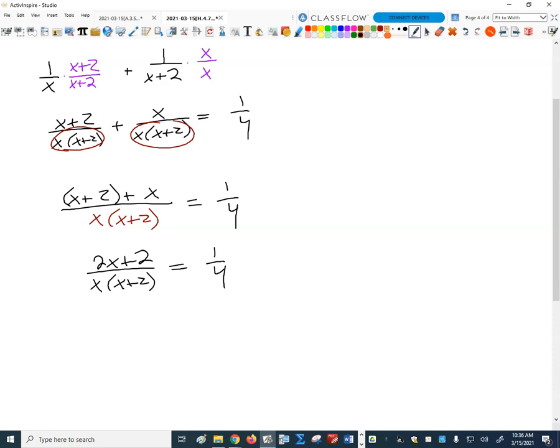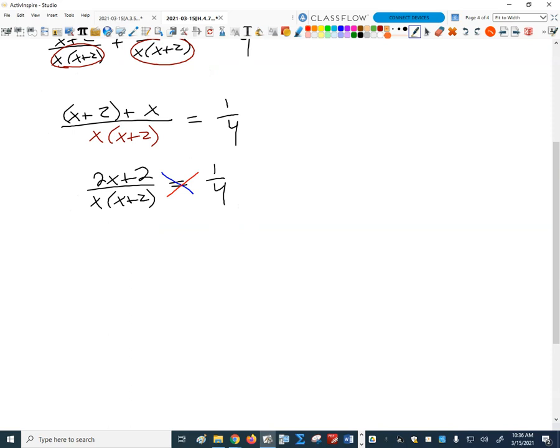So if we cross multiply, we're going to get a blue cross product equals a red cross product, right? So what's my blue cross product going to be? 4 times the quantity 2x plus 2 equals my red cross product, which is 1 times x plus 2, right?